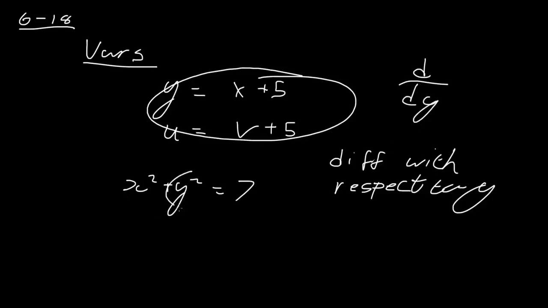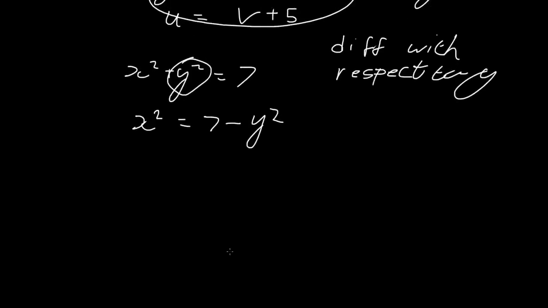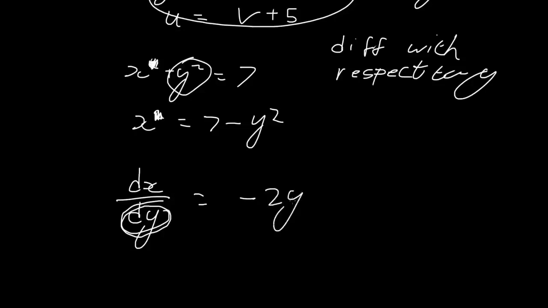Which means that y must be on the right hand side. So you're going to write x squared equals 7 minus y squared. Well, let's just make this x. Let's take away the squared for now. And then we're going to say dx by dy because this is the variable we're differentiating with respect to, and they said differentiate with respect to y. So we have dx by dy equals negative 2y. Okay?